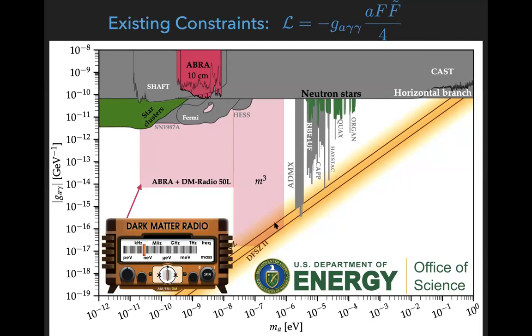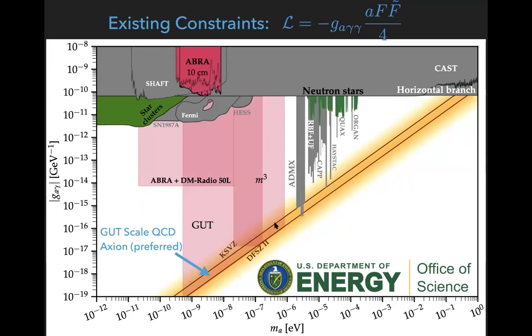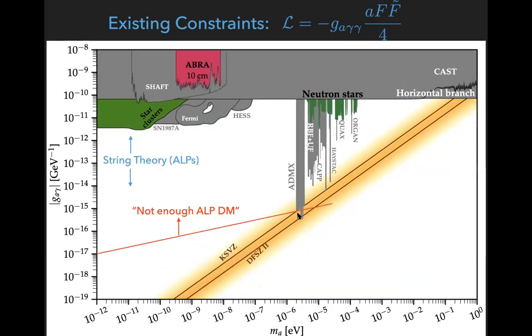And then our ultimate goal is a multimeter experiment, which we call GUT, which would be able to probe QCD axion dark matter with decay constants on the scale of grand unification. So this is super interesting, very motivated parameter space, and hopefully we actually get there over the next few years. But for this talk, I'm not going to be focusing on getting after this parameter space down here at the QCD axion.